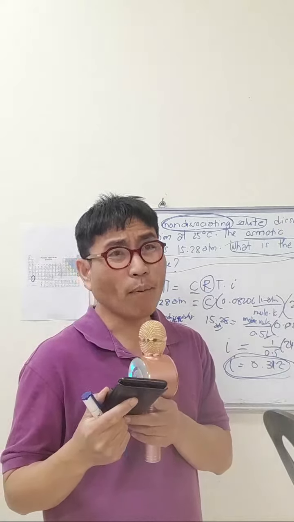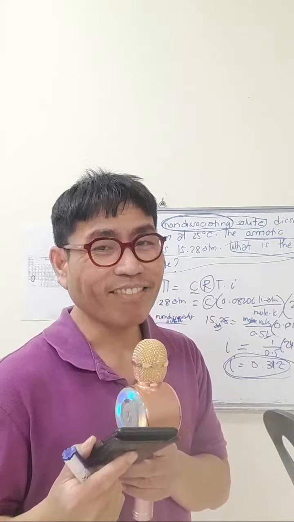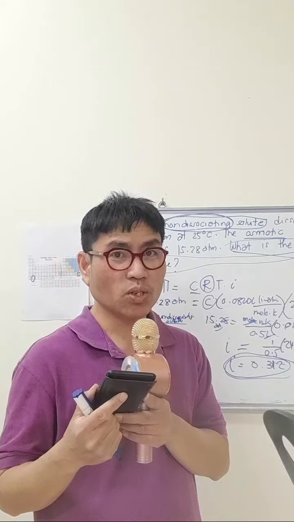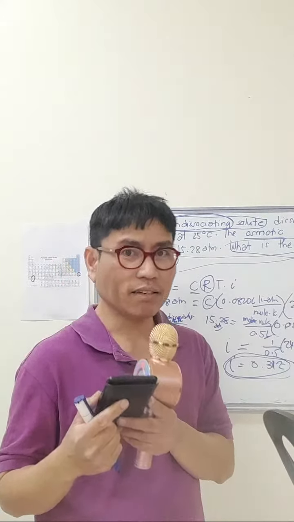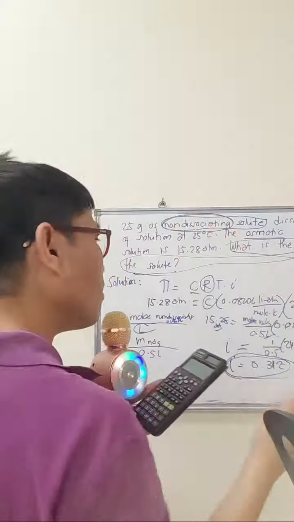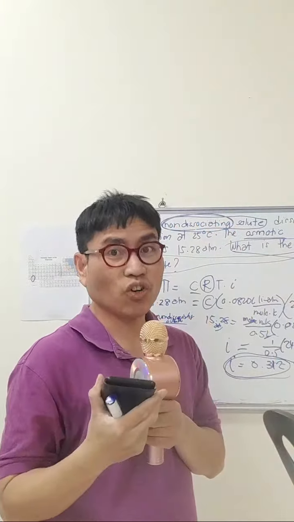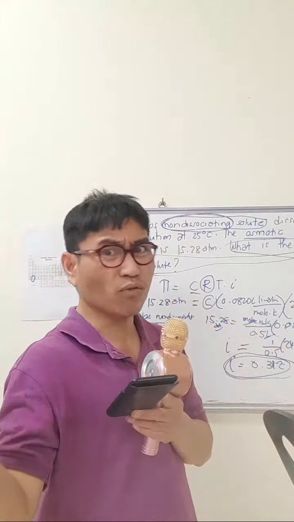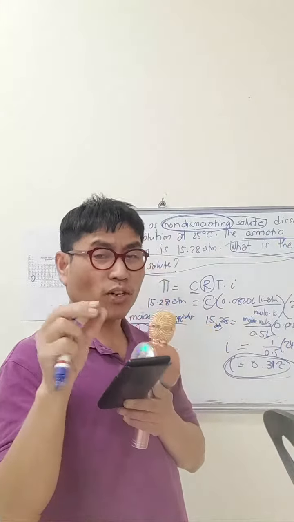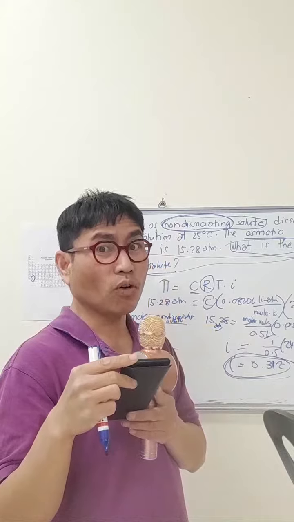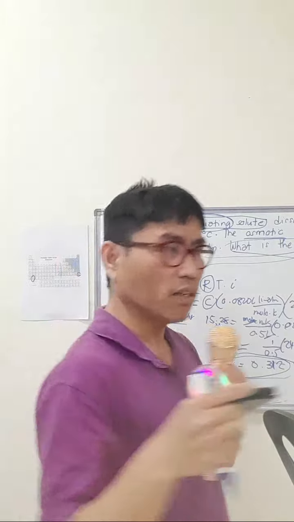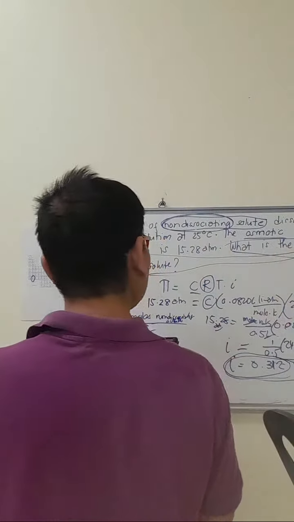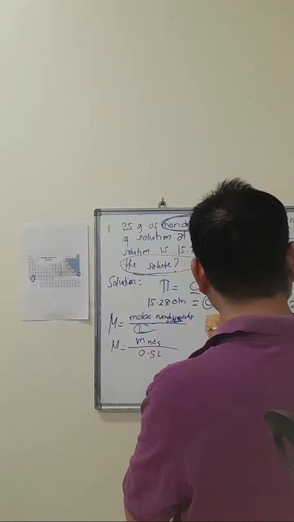A colligative property depends on the concentration of the molecules or ions of the solute, the particles, but not on the identity and nature of the solute. Whatever the type of solute is, we are not concerned with that. We are concerned only with the concentration of the solute molecules, particles, and ions. So we have 0.312 mole of ion.